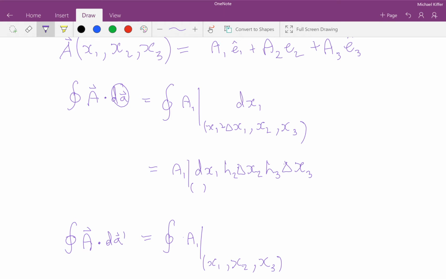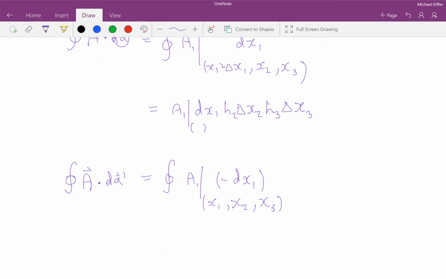We can just disregard them, and then the vector dA dash is going to be minus dx1 because it's pointing in the opposite direction.